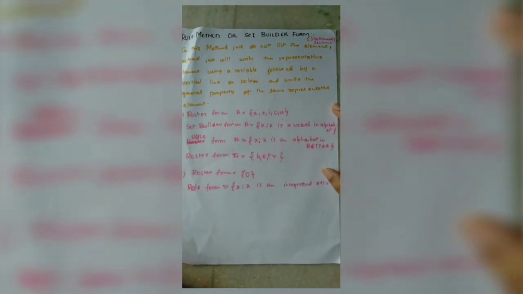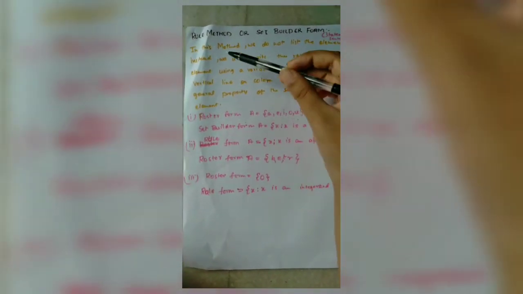Here I will give a clearer explanation of set builder form because it's quite difficult. One more example and a clear definition of the rule method, or set builder form. As I said, this form will be in a sentence or a statement. In this method we do not list the elements.